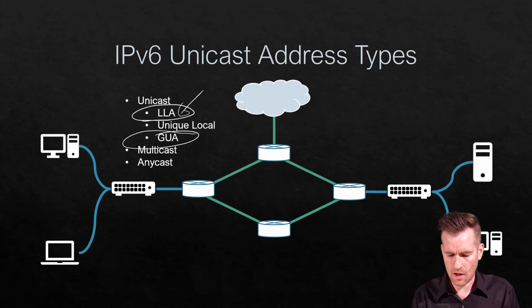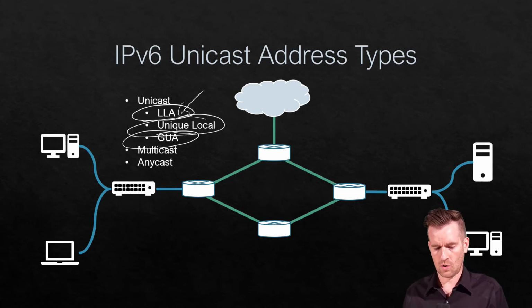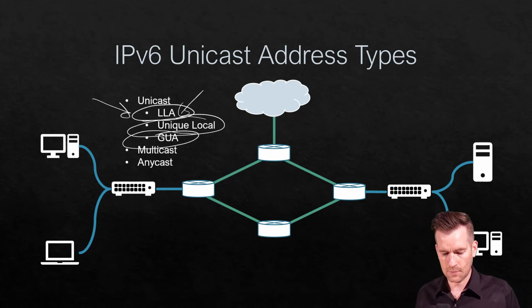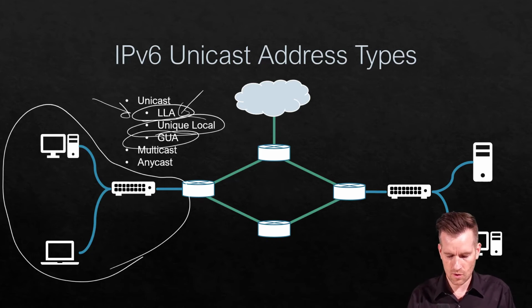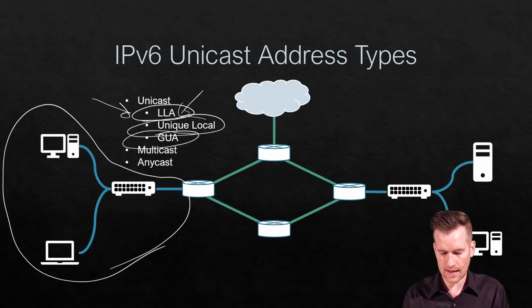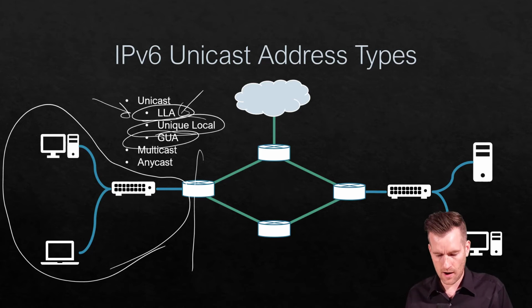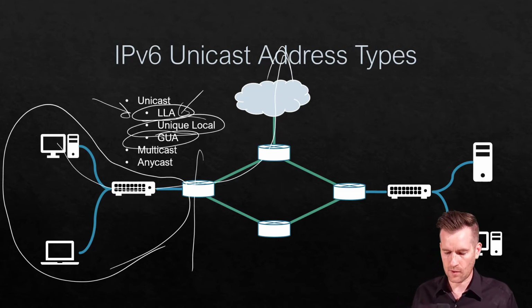Then we've got the unique local address. Let me just give an example. This link local address can only go into this local area network. It will not go beyond this router. Whereas a global unicast address can go out to the internet and to the outside world.